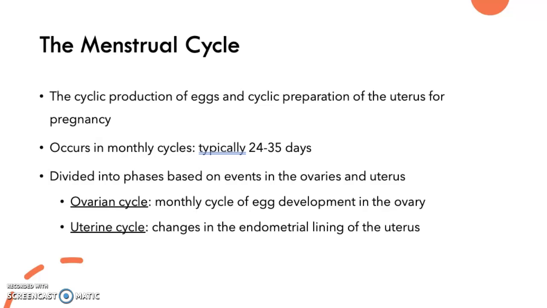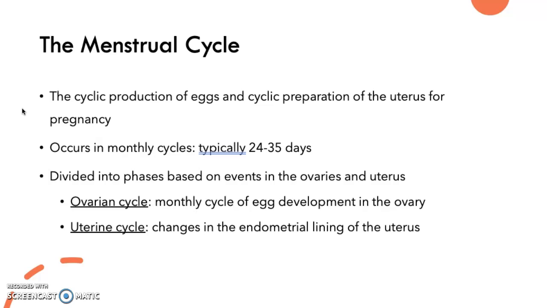It is the cyclic production of eggs and preparation of the uterus for pregnancy. It occurs in monthly cycles, typically 24 to 35 days, but typically it will be 28 days on average. And it's divided into phases that we're going to be discussing. They're based on the events in the ovaries and the uterus.